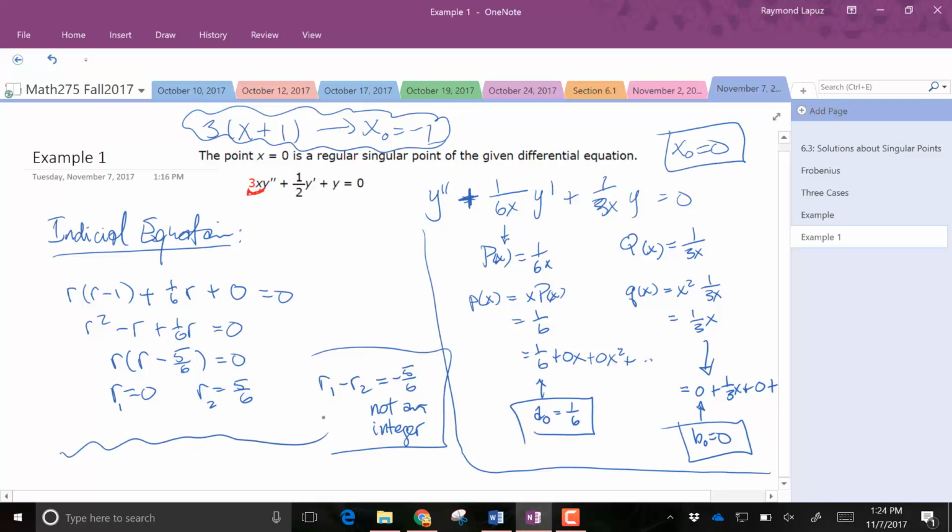Are we good so far? 0 is a nice number because that'll make one of our series look like just a regular power series.